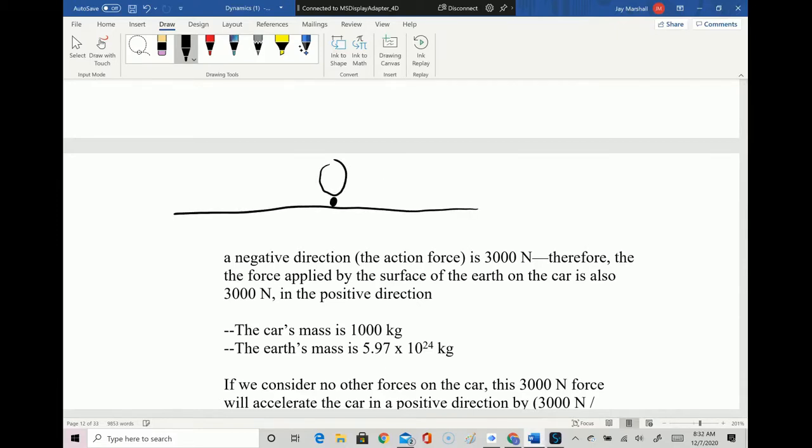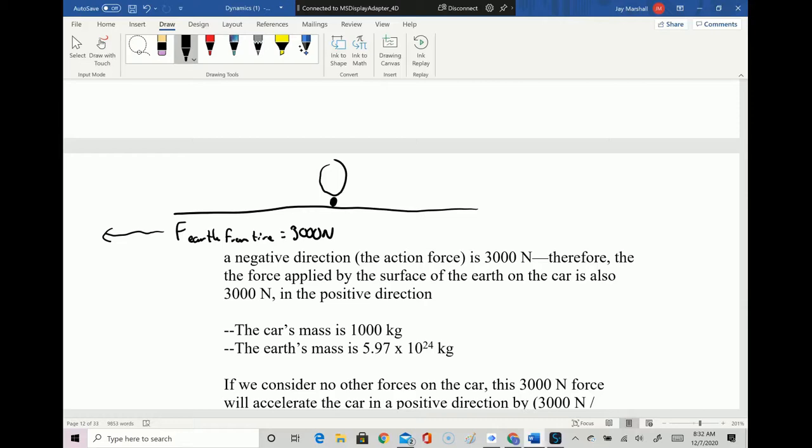And we'll say that there's a force on the earth from the tire of 3,000 newtons. Okay, so there will be a force on the earth from the tire of 3,000 newtons.